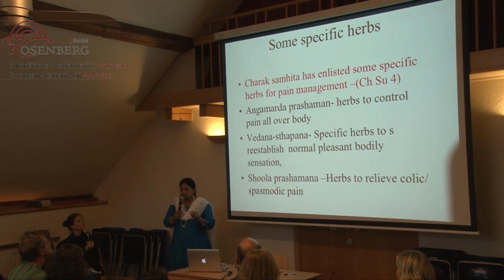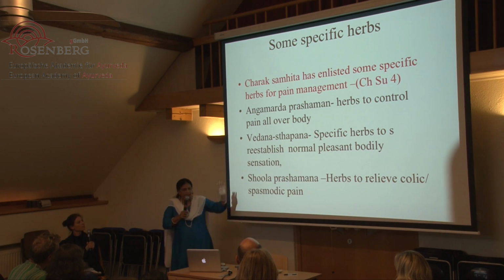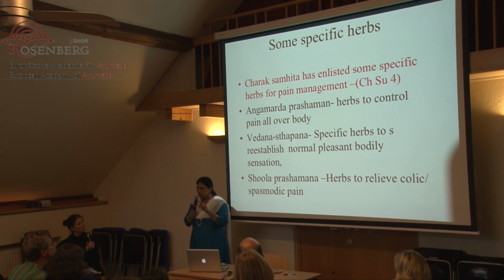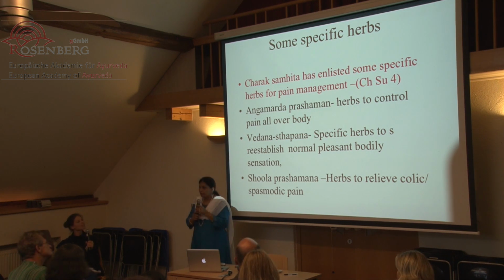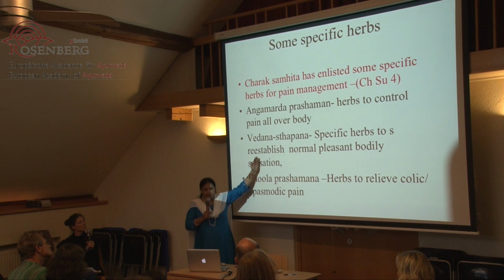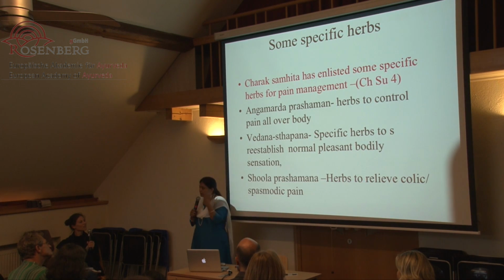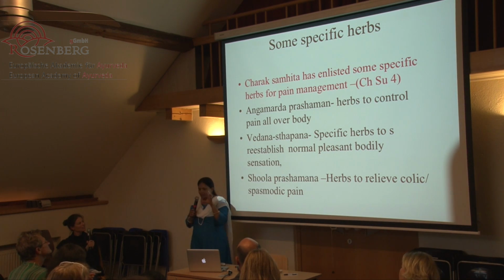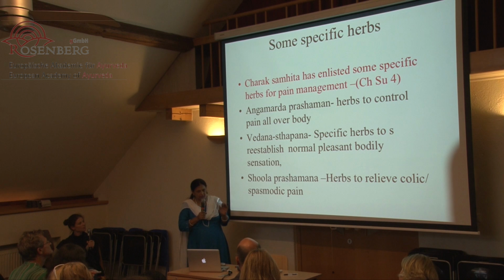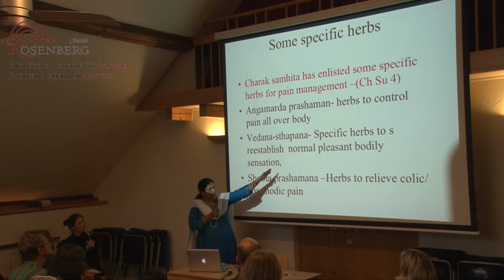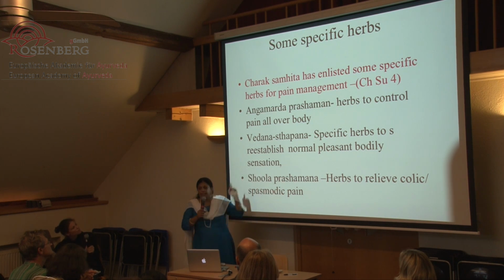Here it is very interesting: Charak mentioned Sthapana, which is not to reduce but to re-establish. If we consider Vedana as pain and Sthapana as re-establish, how can pain be re-established? Those specific 10 herbs are specifically to re-establish normal and pleasant bodily sensation.